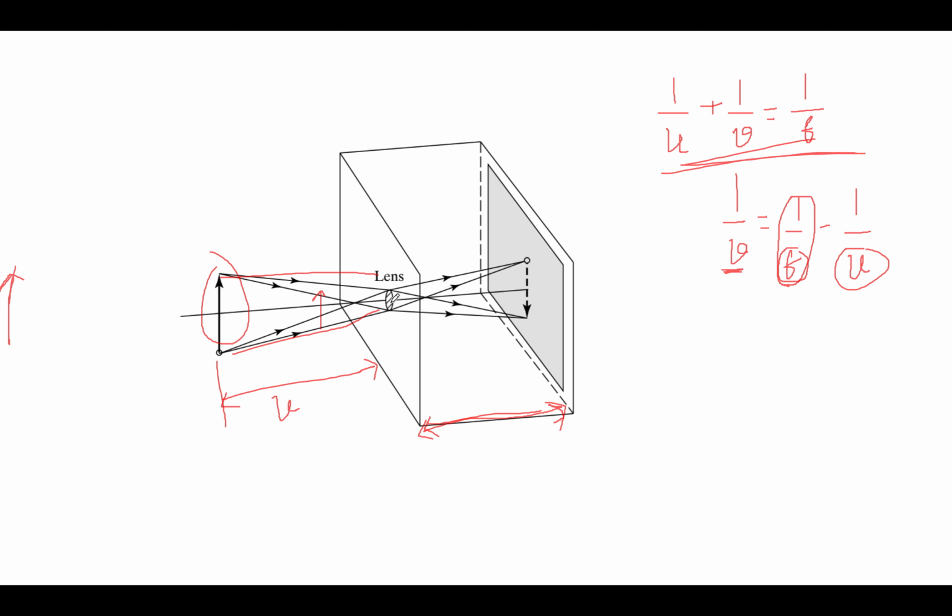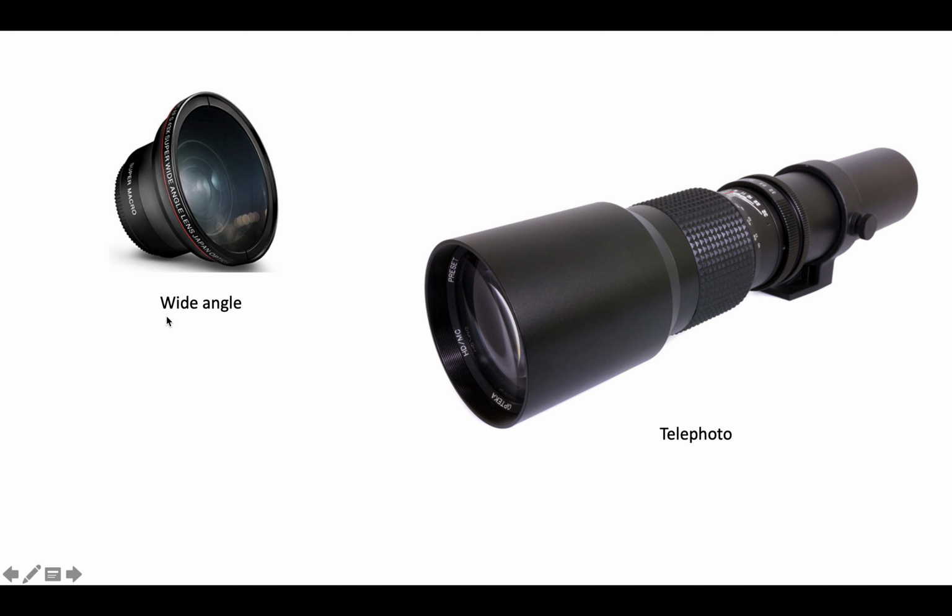So we can make cameras where the lens can be taken out and a different lens can be inserted. For example, if I want to take some close-ups, I can have a wide angle lens, right? A wide angle lens would capture a lot of light. It has a short focal length, and because it has a short focal length, let me write the equation here again. 1 over v is equal to 1 over f minus 1 over u, right?